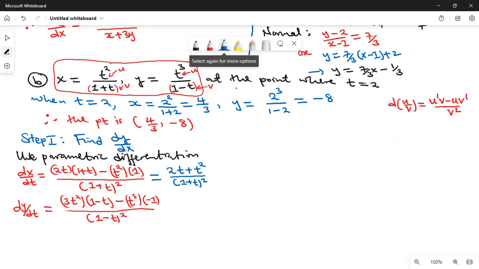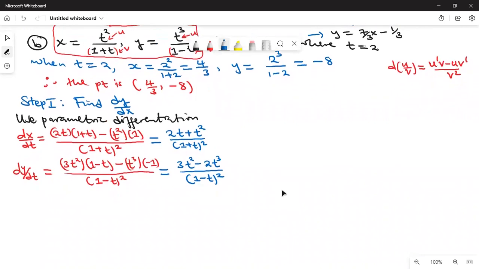Again, you can simplify this. It gives us 3t squared minus 3t cubed plus t cubed, so that is 3t squared minus 2t cubed, everything over 1 minus t, squared.